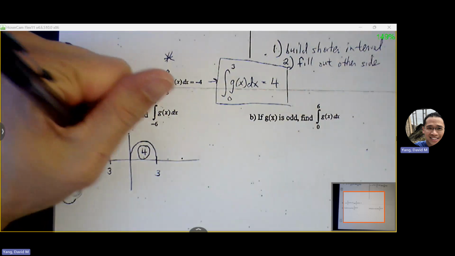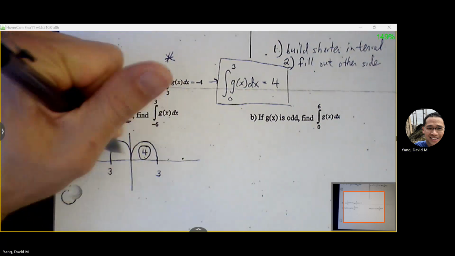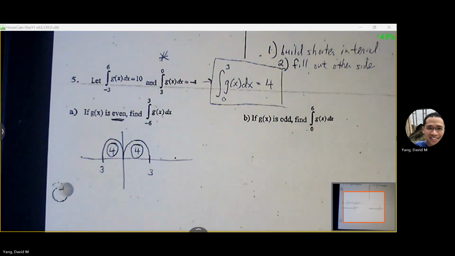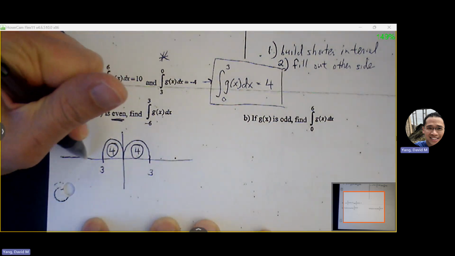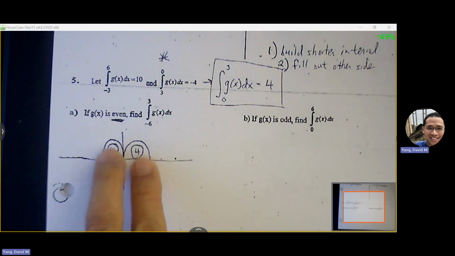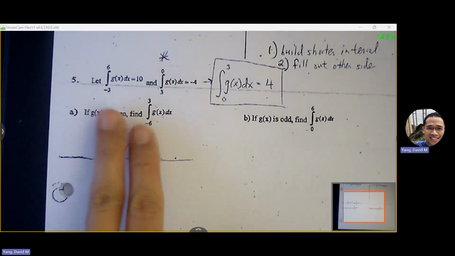Even function, you want a mirror image. So now we can fill in the missing gaps. Understand that whatever you've already created is set in stone. We don't want anything to add to this.